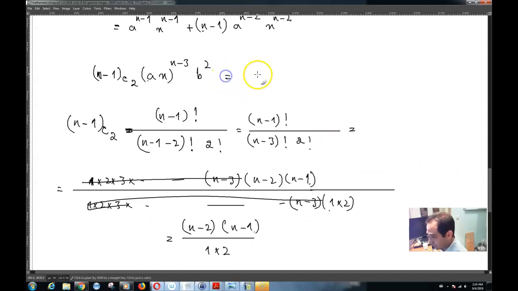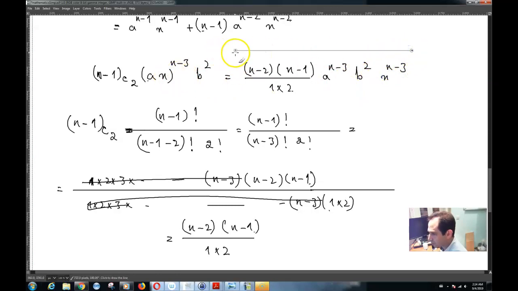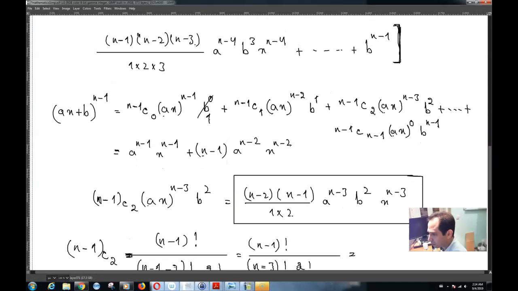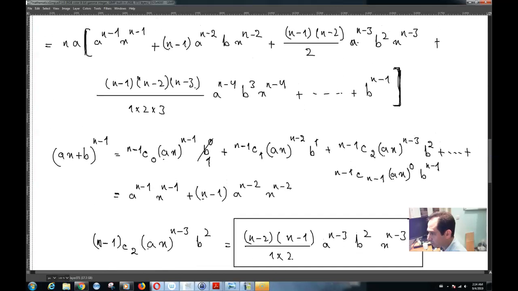So you can write this as n minus 2 times n minus 1 over 1 times 2 times a raised to the power n minus 3, b raised to the power 2, and x raised to the power n minus 3. So that is basically that term over there, which, if you look at that term, you will get the same thing: n minus 1 times n minus 2 divided by 2, a raised to the power n minus 3, b raised to the power 2, x raised to the power n minus 3, right?